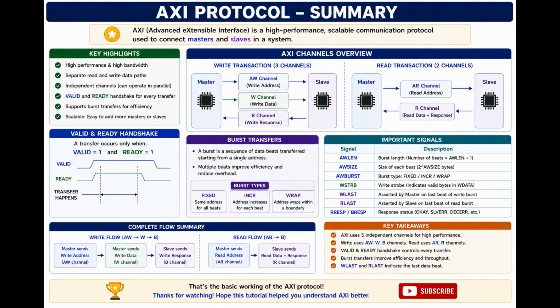AXI also supports burst transfer, where multiple data beats can be transferred efficiently using a single starting address. We learned about the 3 burst types: FIXED, INCR and WRAP, along with important signals such as AWLEN, AWSIZE, AWBURST, write strobe, WLAST and RLAST. And that's the basic working of the AXI protocol.